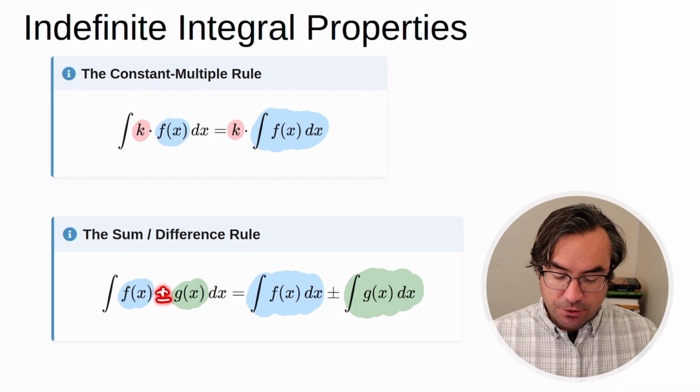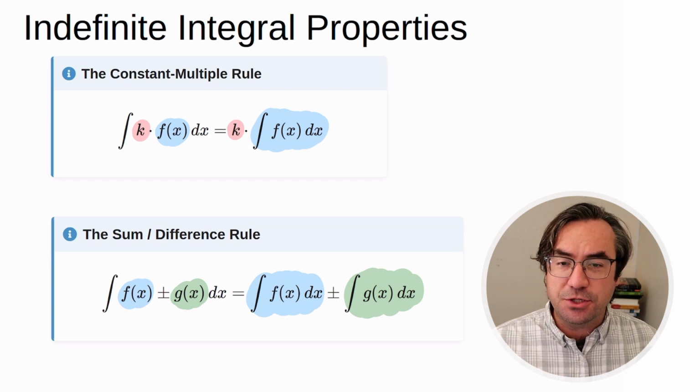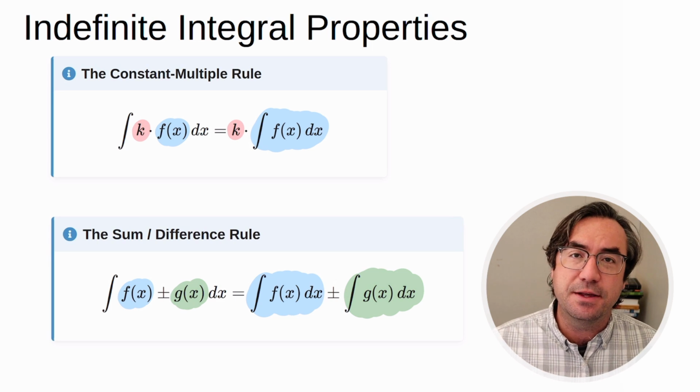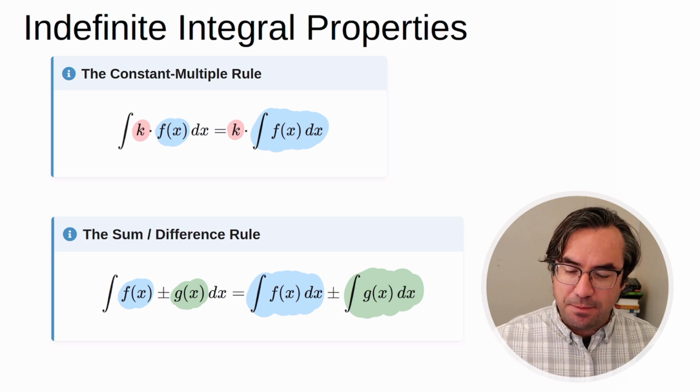Whatever addition or subtraction was in between those two in the original expression, in our antiderivative we're going to have either the plus or the minus in between the two antiderivatives. So let's give this one a try with a couple examples.